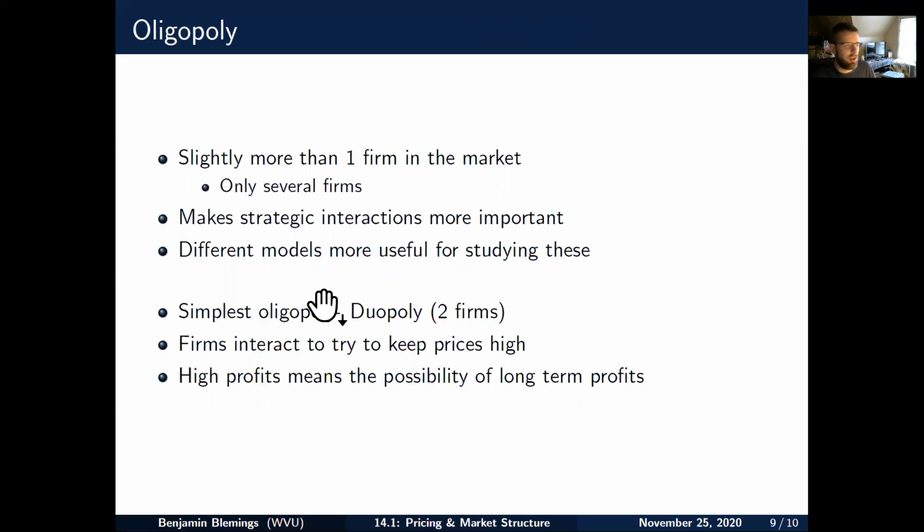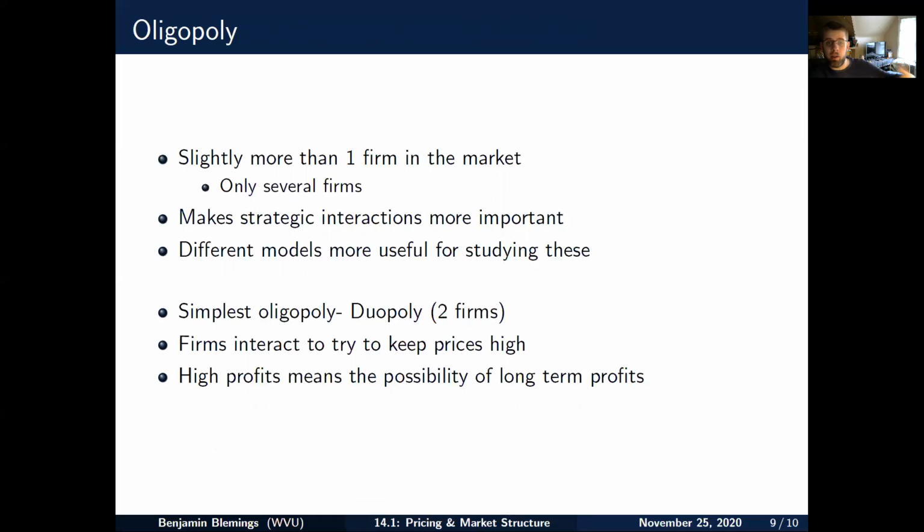There's two firms. And so in like an oligopoly, firms are trying to strategically interact with each other to keep prices high so that they can sustain economic profits, but they have an incentive to cheat on their partners because it'll make them some profit in the short run.